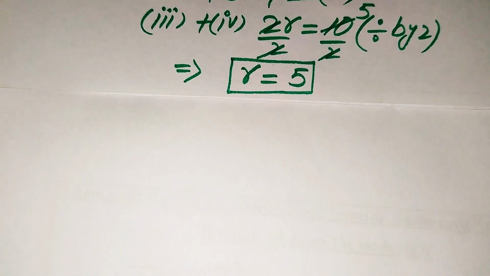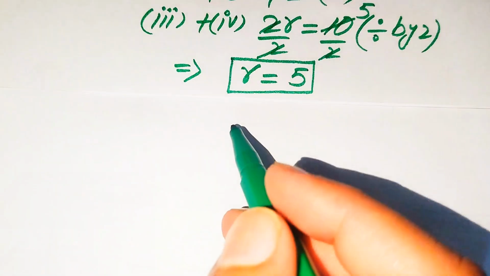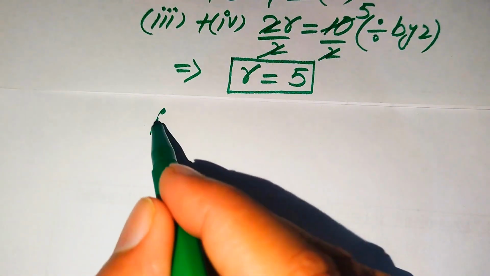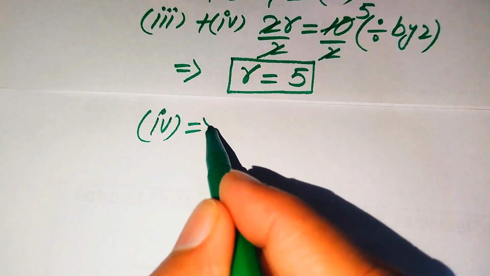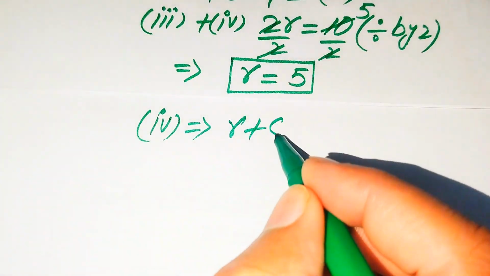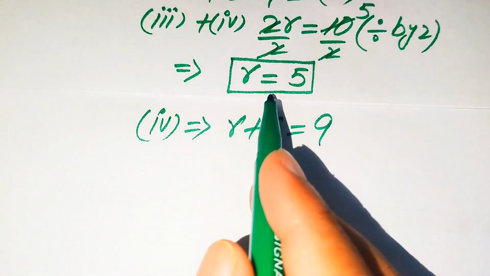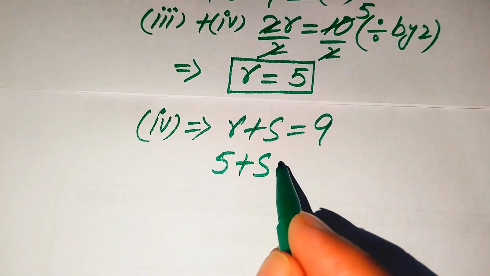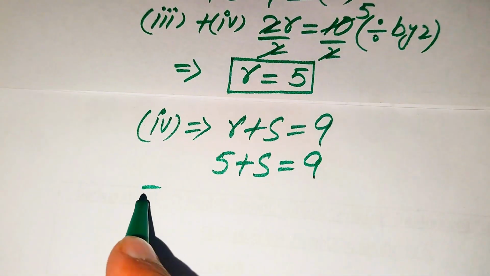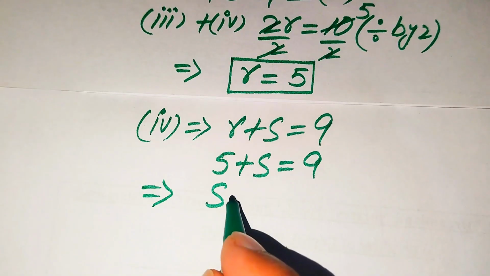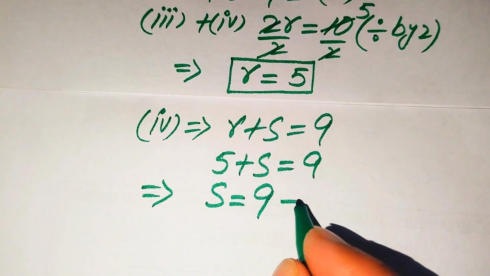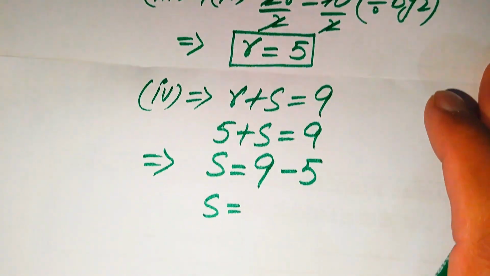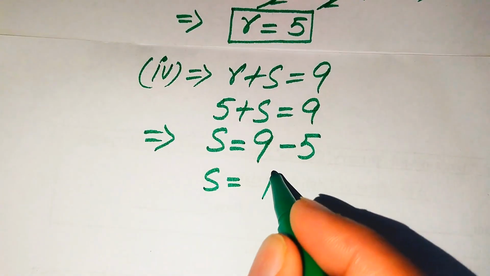So now in the next step we need to find the value of s corresponding to this value of r. For this we copy down equation number 4 here. So equation number 4 says r plus s is equal to 9, and here we put the value of r, that is 5 plus s is equal to 9, and we move this 5 to the right hand side and we get the value of s is equal to 9 minus 5, and 9 minus 5 becomes 4.